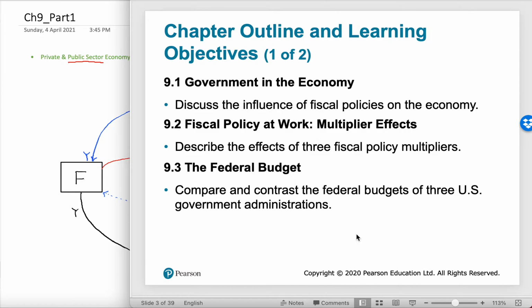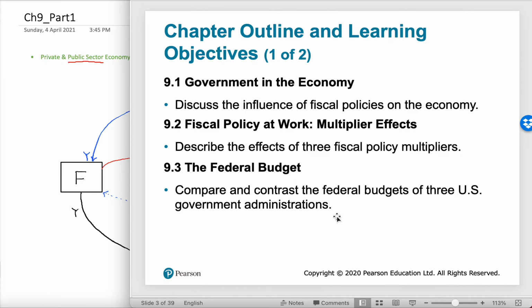If we have the private sector only and the government has no role, the business cycles are out of control because they're all exogenous. The private sector's autonomous consumption or autonomous investment is fluctuating rapidly, and therefore the short-run equilibrium in the goods and services market might be deviating from the potential level of output or long-run level of GDP.